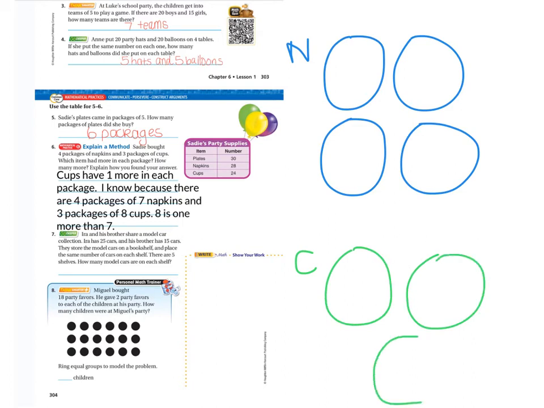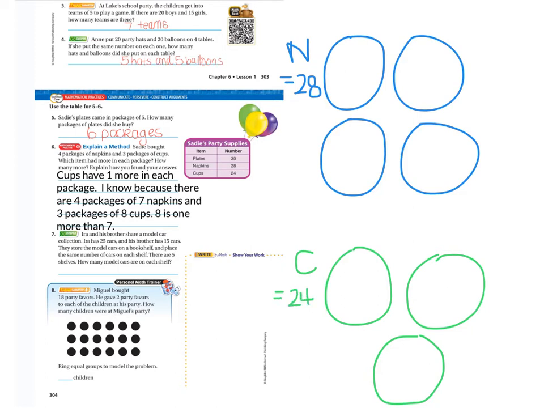Again, I drew that out. When I look at the table, I noticed that Sadie needs 28 napkins. So I am jotting that down just as an extra reminder that I need to partition 28 into those 4 groups. And then cups, Sadie needs 24. So again, I wrote it down.